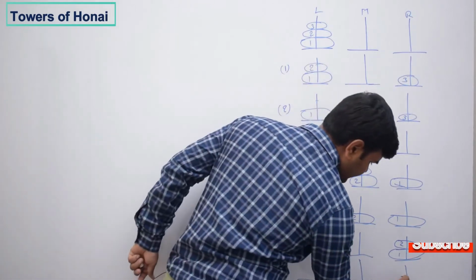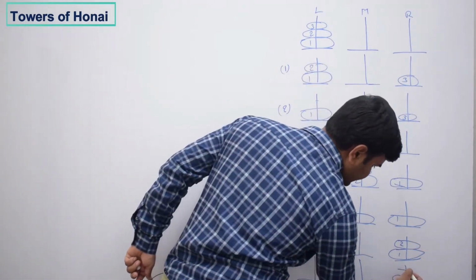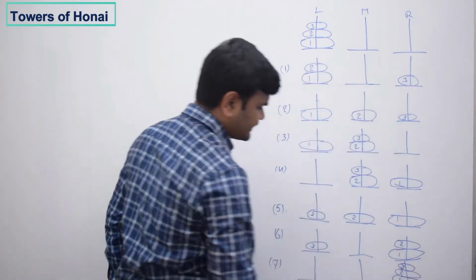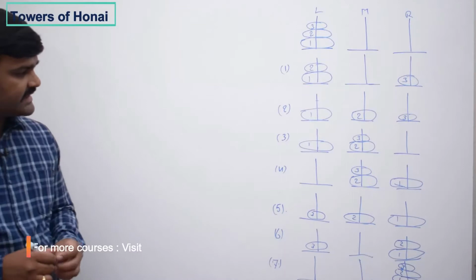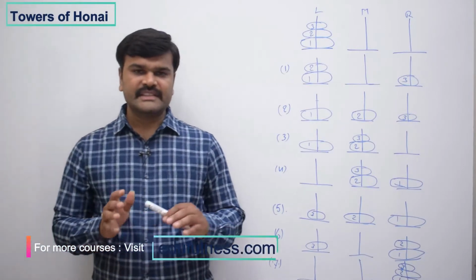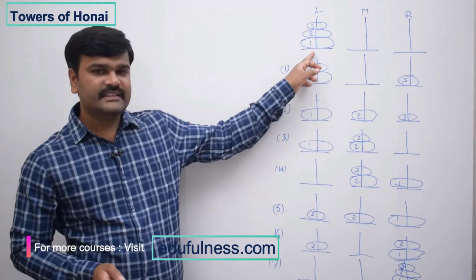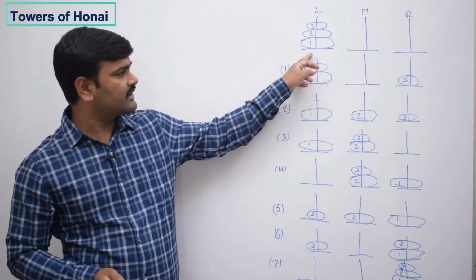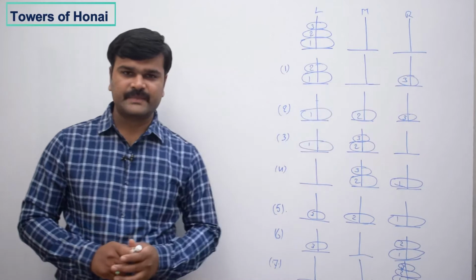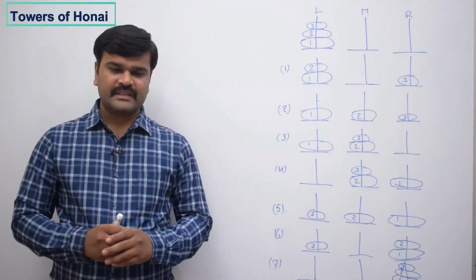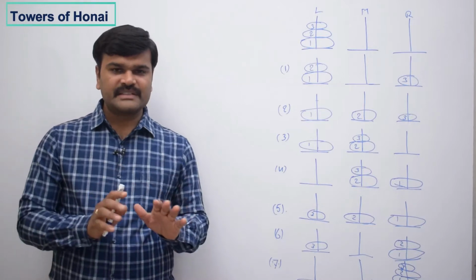Here 1 is already there, then 2, and then we shift the third disc also. These are the minimum movements. With these we can reach the goal, shifting these 3 discs from the left tower to the right tower. This is the game we are going to play.